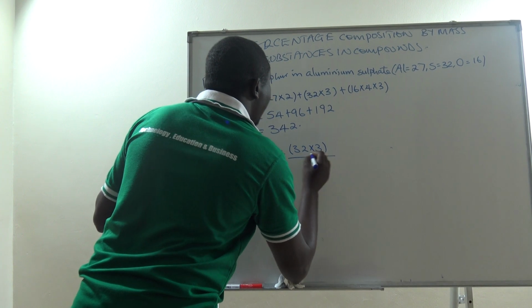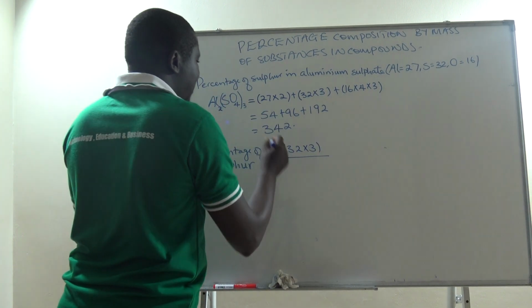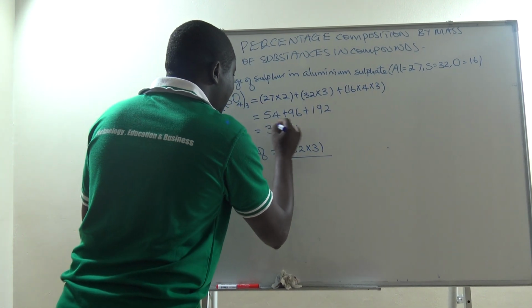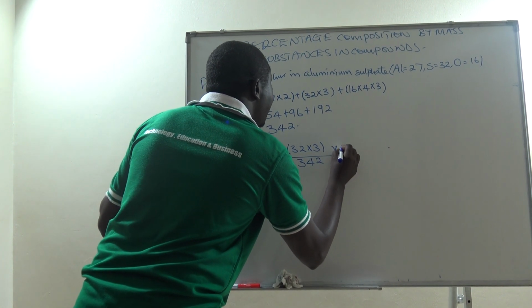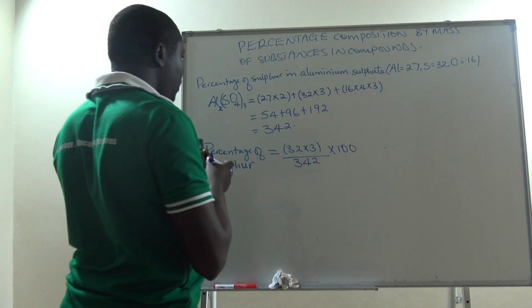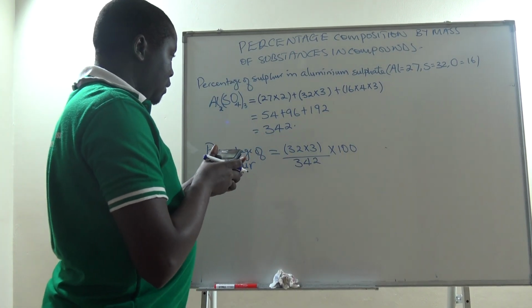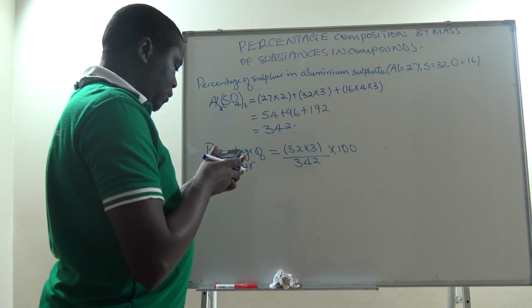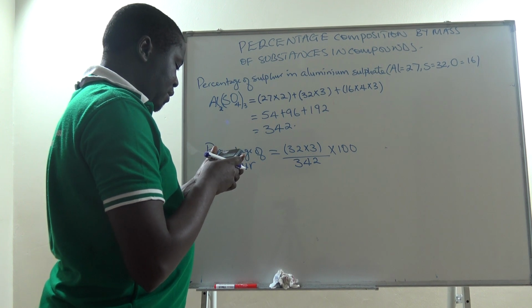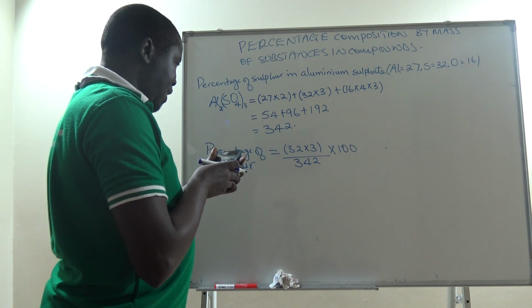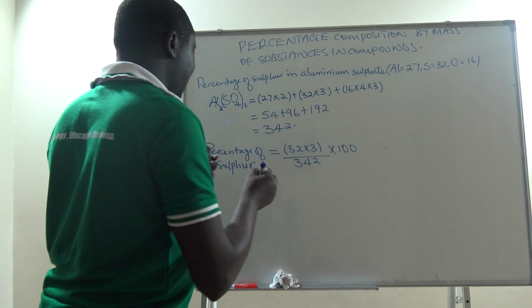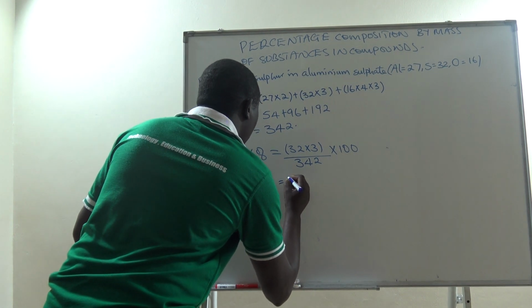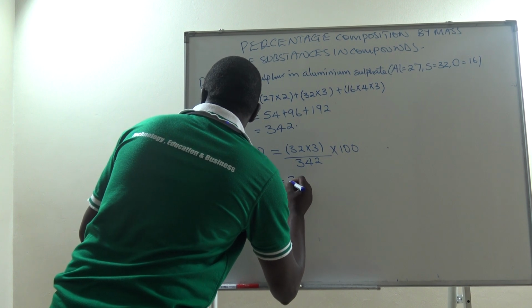We divide it by the total mass of 1 mole of aluminium sulfate, which is 342, and we multiply by 100. So let us get it. 96 times 100, and we divide by 342.